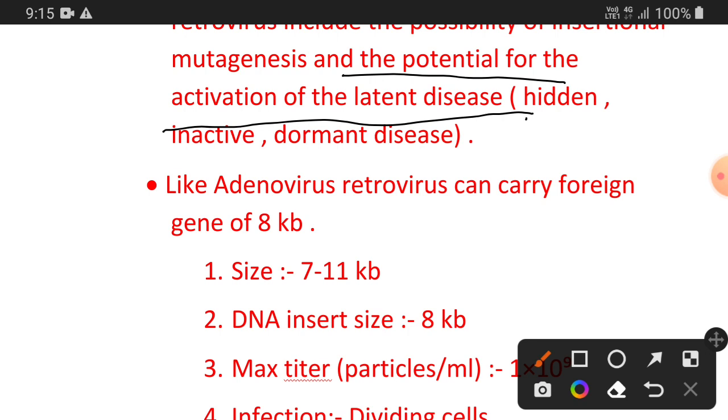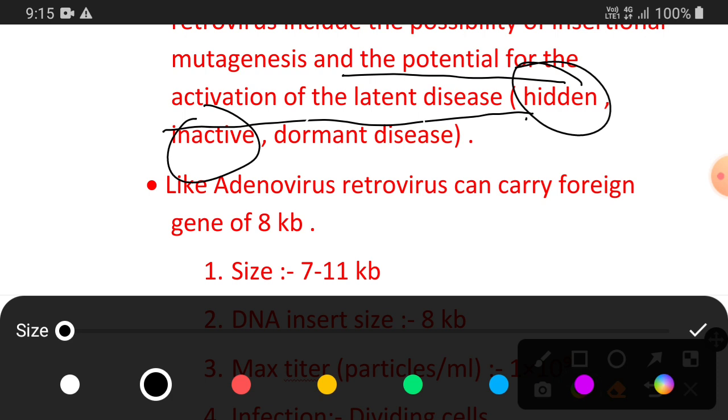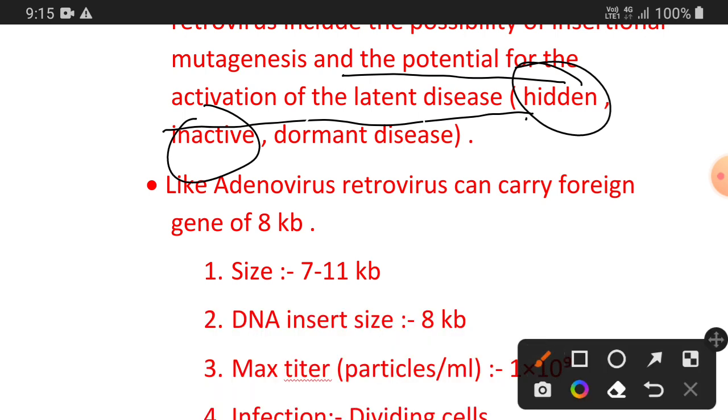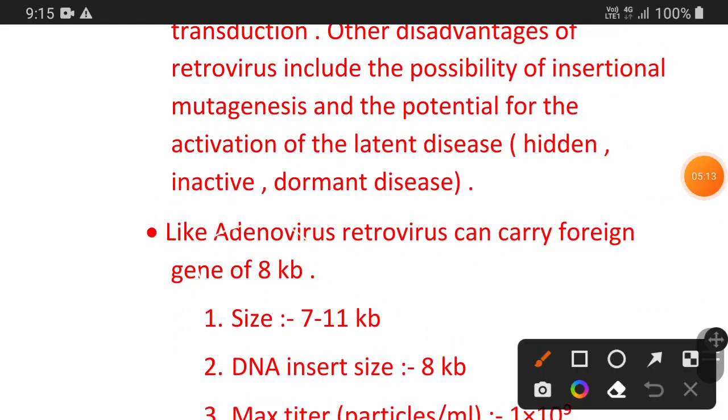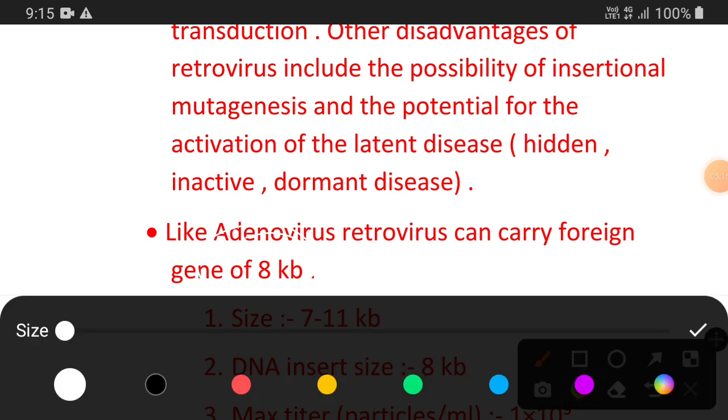Latent disease means disease which is hidden, inactive or dormant due to the presence of our immune system. And like the adenovirus vector, it can carry a gene of 8 kb.